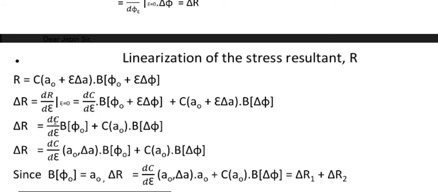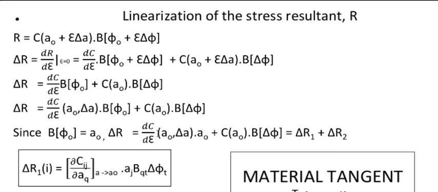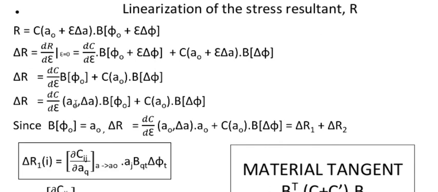Then put epsilon equal to 0, so we get dC by d epsilon, B of phi naught, plus C of A naught dotted with B of delta phi. And then dC by d epsilon: here we have both A naught and delta A terms.